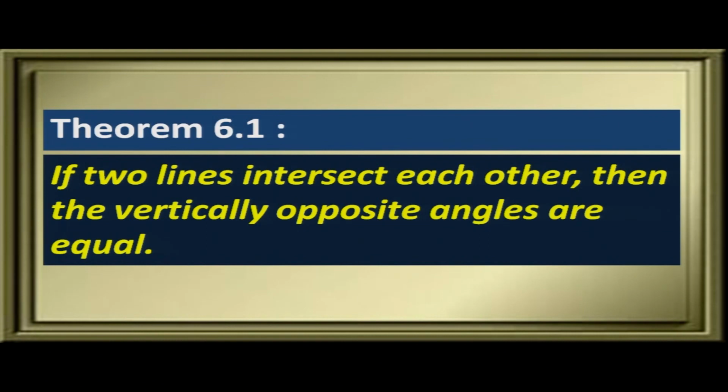Now, let's have an application of these two axioms. Here is the theorem: if two lines intersect each other, then the vertically opposite angles are equal. In the last class, we discussed what vertically opposite angles are. Today, we work with this theorem.